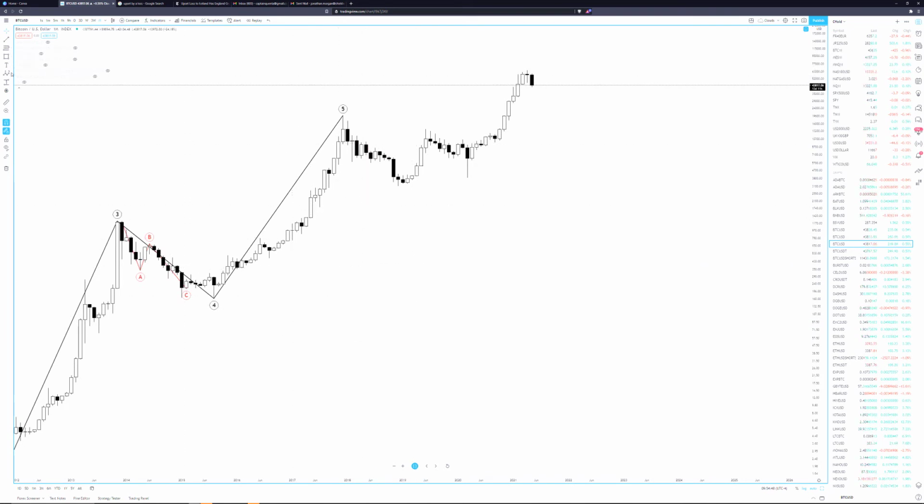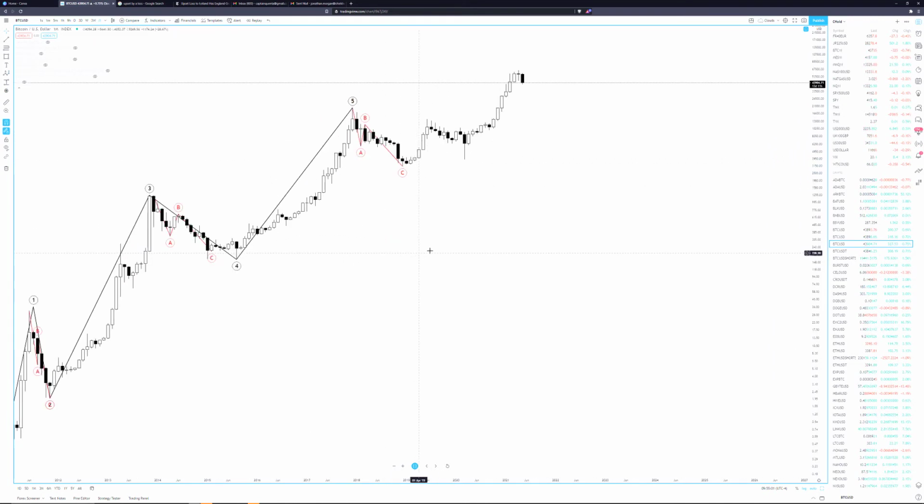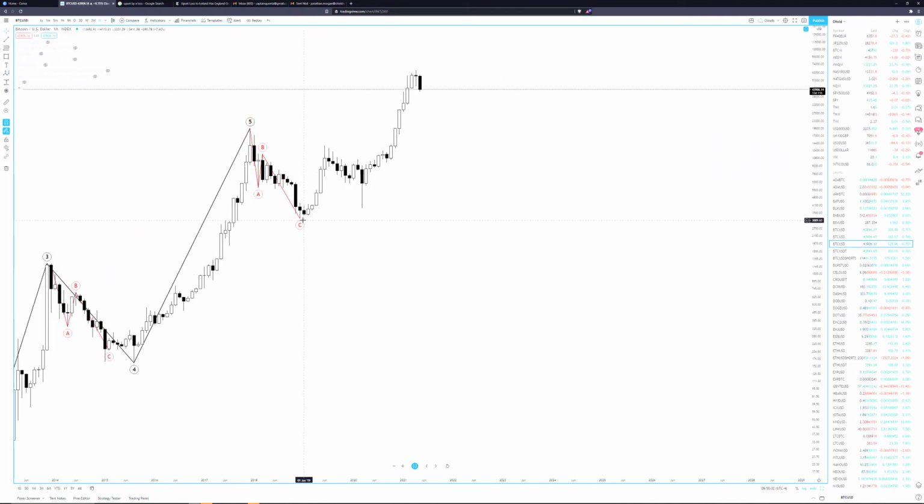So that brings us to the high in 2017. And we had a very clear, extended, drawn out, and violent, ugly corrective wave. And then we had a nice bounce in 2019 that lasted for about 6 months.